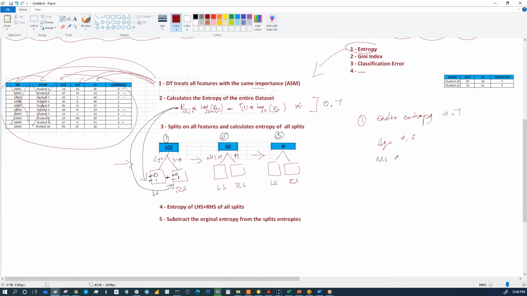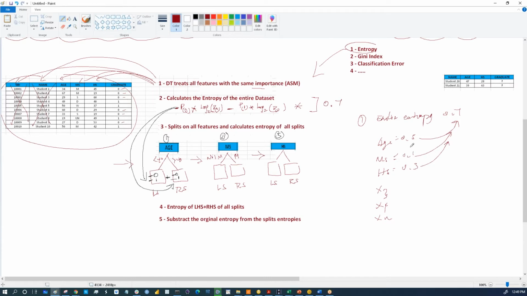MS is 0.1. Hour spent is 0.3. So we are going to subtract 0.5 from 0.7, 0.1 from 0.7, 0.3 from 0.7, and you've got x2, x3, x4, xn. It depends on how many features you have.